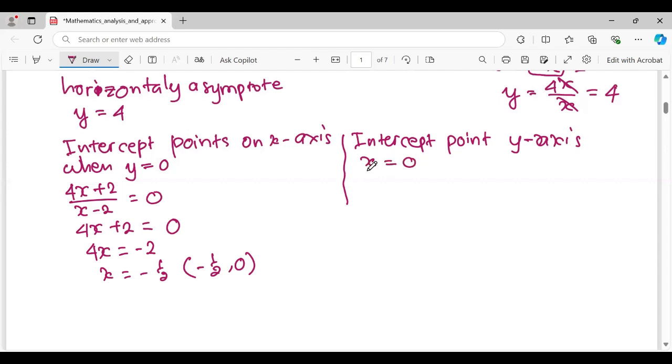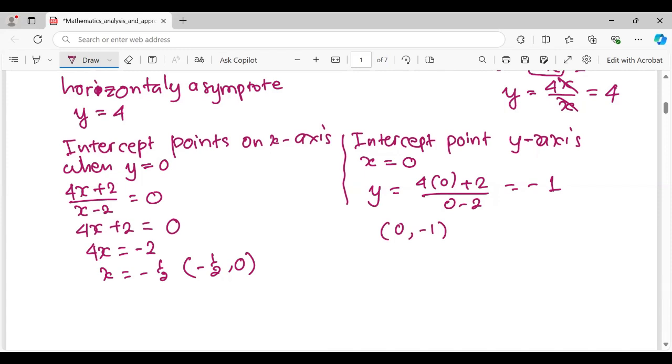If x equals 0, this function will be y equals (4 times 0 plus 2) over (0 minus 2). It is minus 1. Okay, so the intercept point on the y-axis is (0, minus 1).